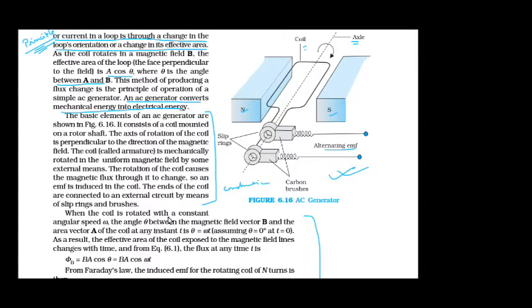When the coil rotates with a constant angular speed omega, the angle theta between the magnetic field vector B and the area vector A of the coil at any instant t is theta equal to omega t, assuming theta is equal to 0 degrees at t equal to 0. So what is displacement?